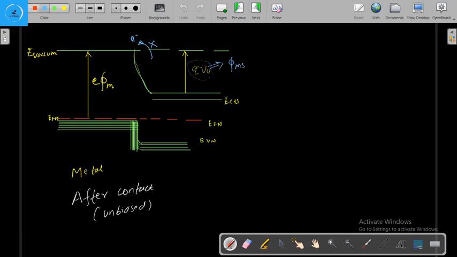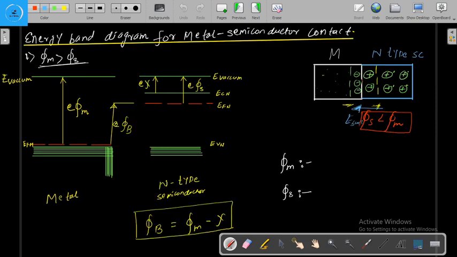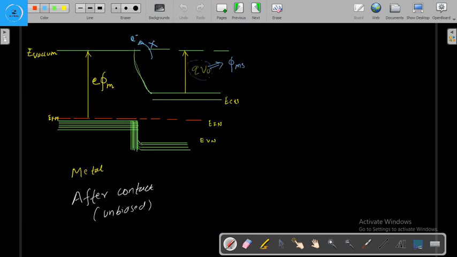So this is after contact, and we are not applying any biasing here. When the Fermi energy level of the metal becomes equal to the Fermi energy level of the semiconductor, the movement of electrons will stop from the n-type semiconductor to the metal or from the metal to the n-type semiconductor.